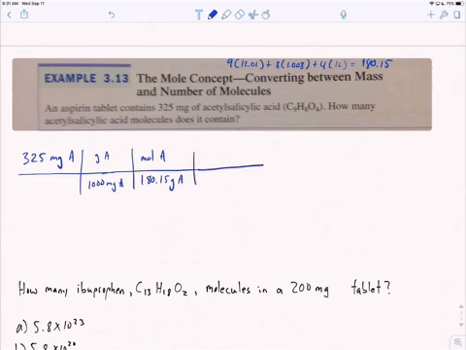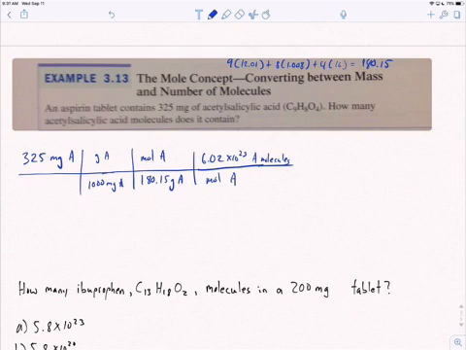and then to get molecules, we use Avogadro's number, 6.02 times 10 to the 23rd molecules per mole of aspirin.